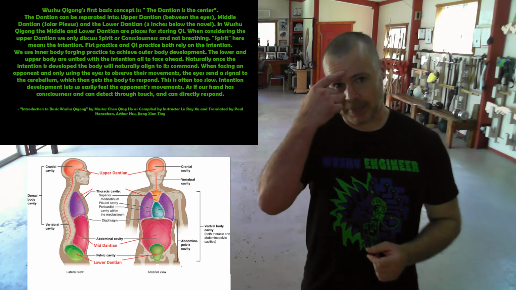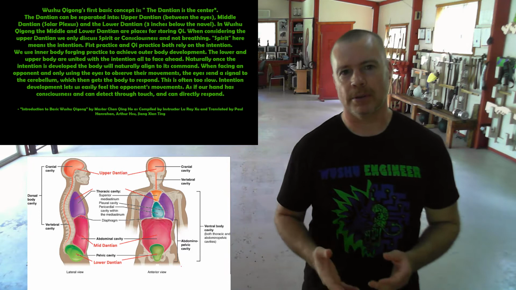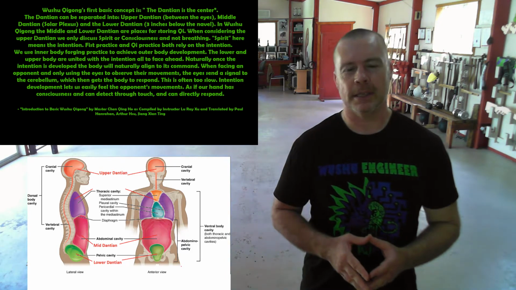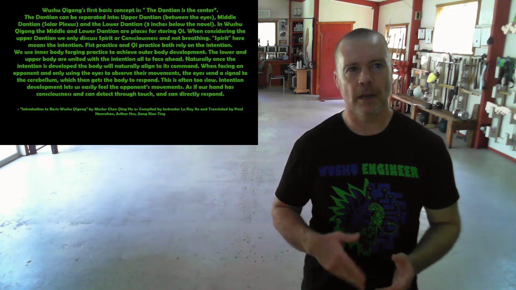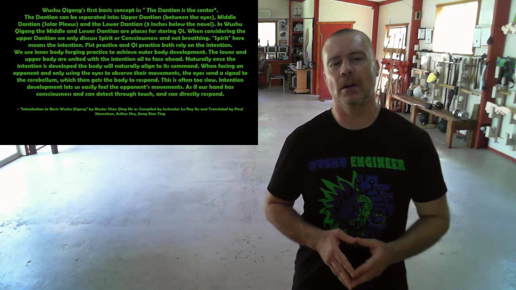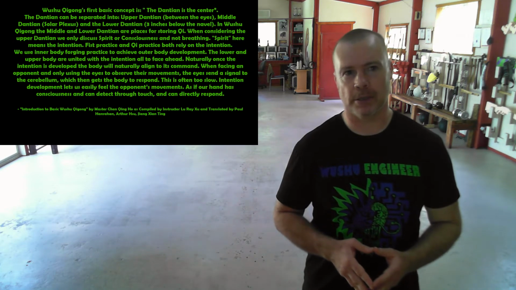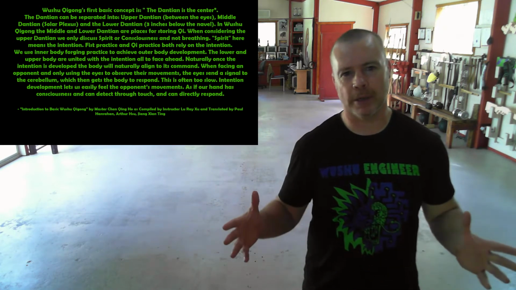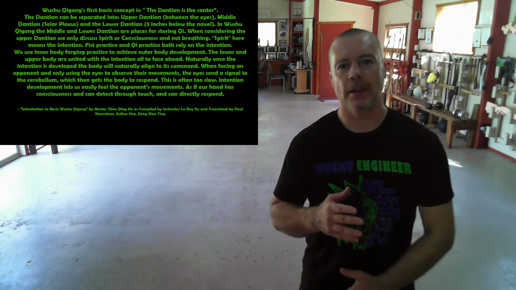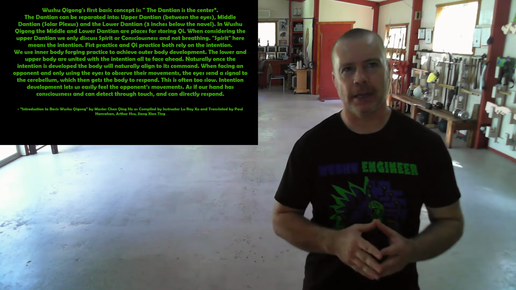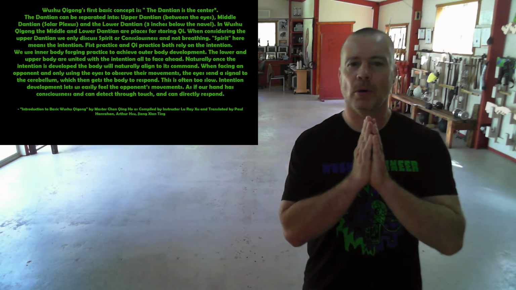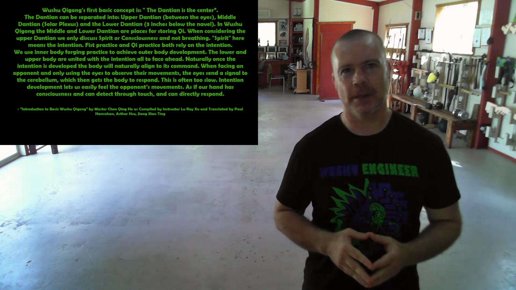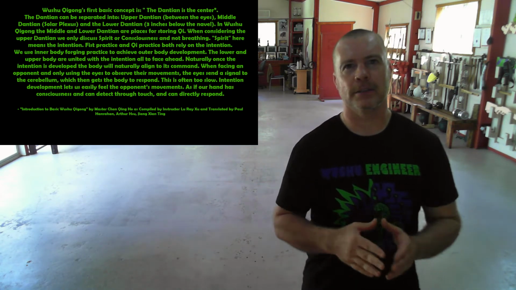When considering the upper Dantian, we only discuss spirit or consciousness and not breathing. Spirit here means intention. Fist practice and qi practice both rely on the intention. We use inner body forging practice to achieve outer body development. The lower and the upper body are united with all the intention to all face ahead. Naturally, once the intention is developed, the body will naturally align to its command.